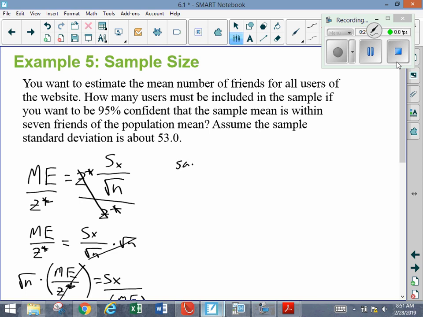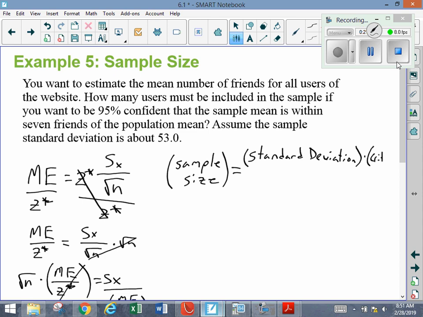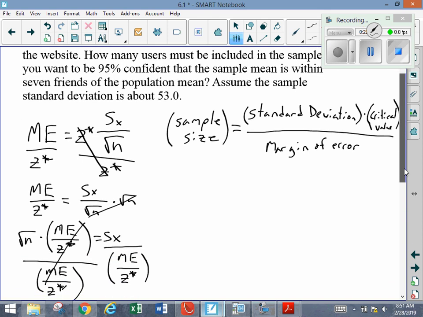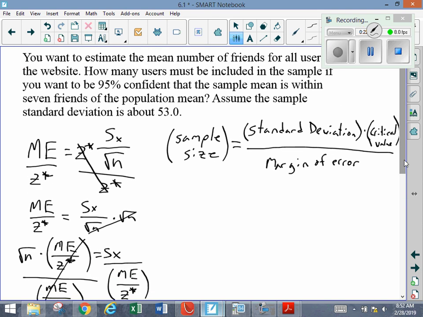So our sample size, n, is equal to our standard deviation times my critical value divided by my margin of error. So now we're able to go ahead and solve this thing for n.